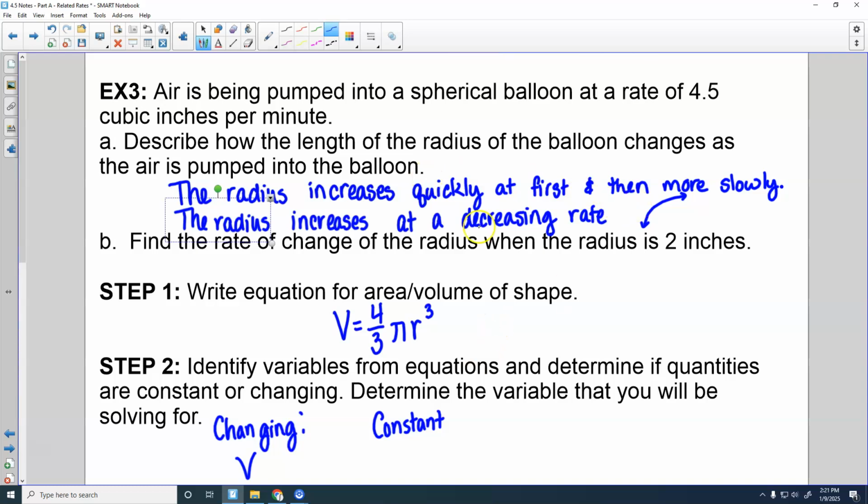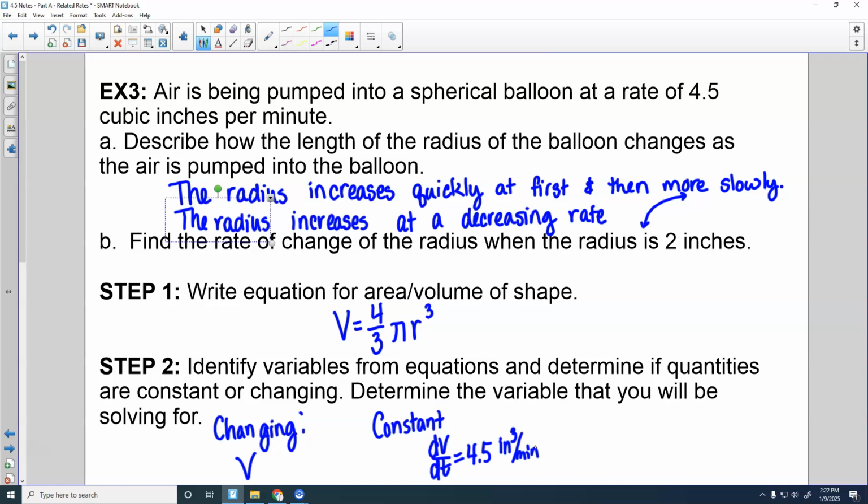Which one is that going to be? It's a rate, so it's one of the dt's. It's dV/dt. So dV/dt is 4.5 cubic inches per minute.